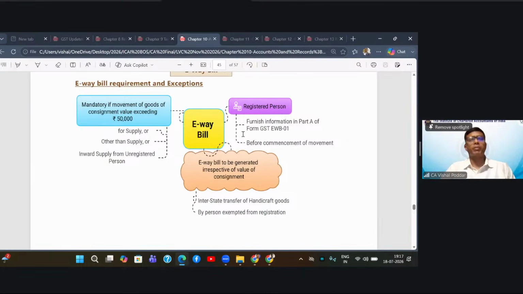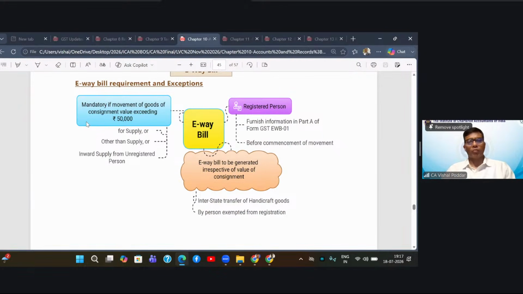So there is no supply involved. Or you have sent some samples, or you have sent goods for testing, or you have sent your goods on approval basis. In all these cases, even though there is no supply involved, you have to still generate this document wherever the conditions are satisfied. So what is important, students, over here to be understood and noted is e-way bill is a document referencing or reporting or recording the movement.